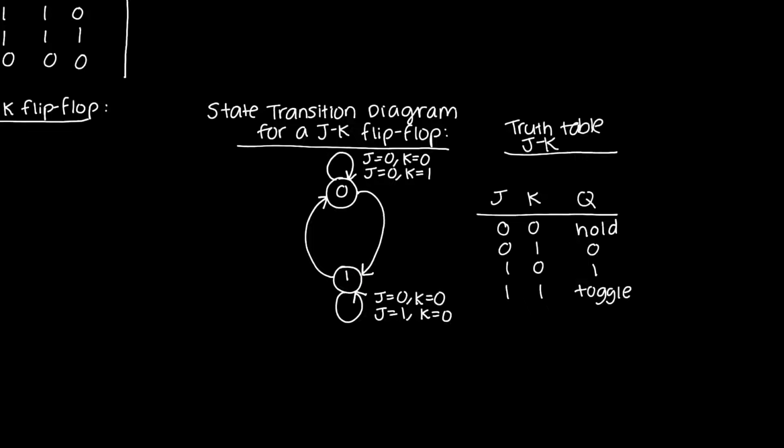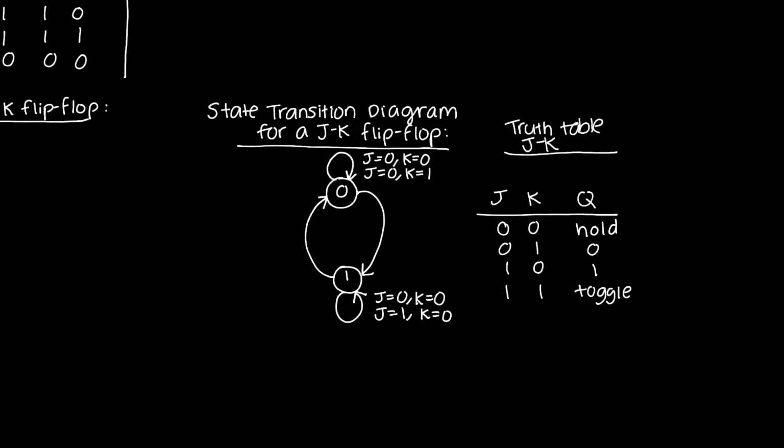Okay, what about the transitions here from 0 to 1 and 1 to 0? So let's look again at the transition from 0 to 1. So if I have a 0 at the Q output, and at the next clock transition I have a 1, well, that could be for two reasons. It could be either because I'm in the set condition, or I'm in the toggle condition.